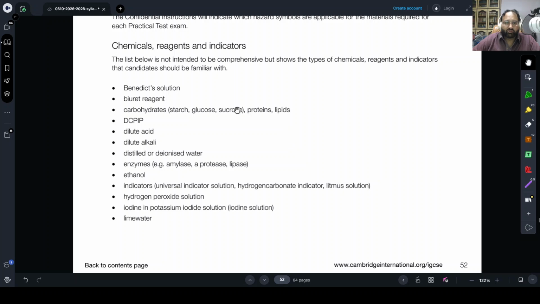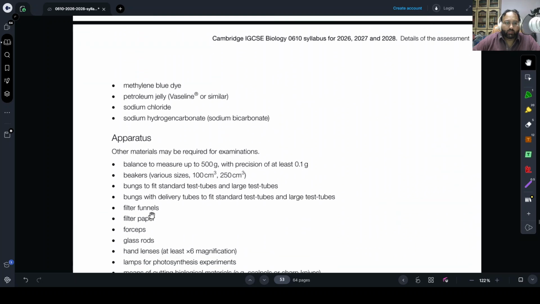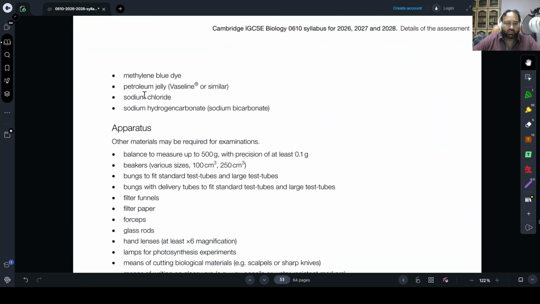Then the reagents you should be familiar with for biology: the Benedict's solution, the biuret reagent, carbohydrates, proteins, and lipids, something called DCPIP, dilute acid, dilute alkali, distilled or deionized water, enzymes, ethanol, indicators, such as universal indicator or something else, hydrogen peroxide solution, iodine in potassium iodide solution, lime water, methylene blue dye, petroleum jelly, such as Vaseline, sodium chloride, which is basically just regular salt, and sodium hydrogen carbonate or sodium bicarbonate, right?